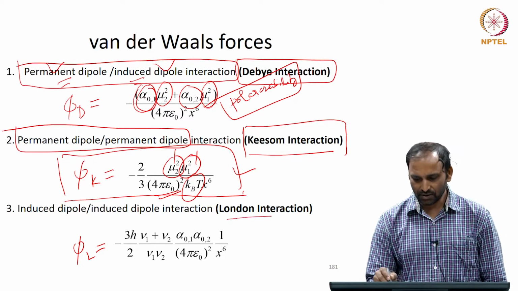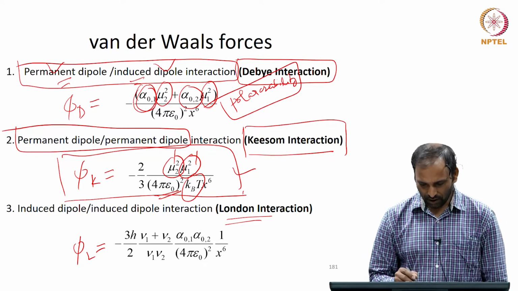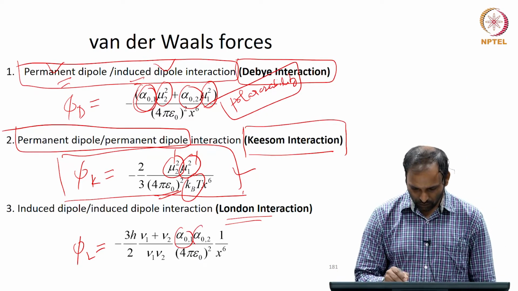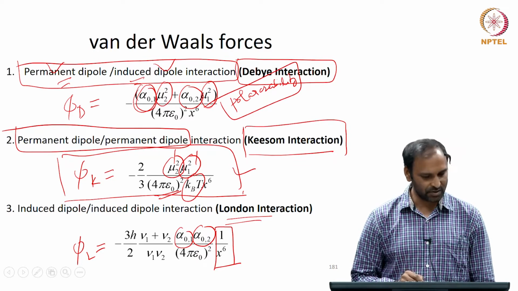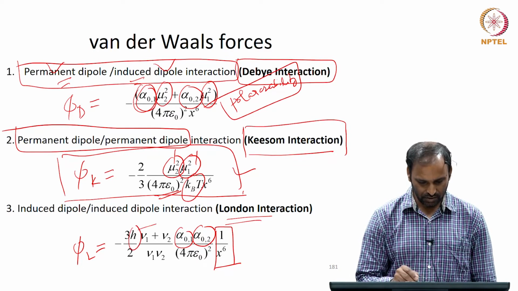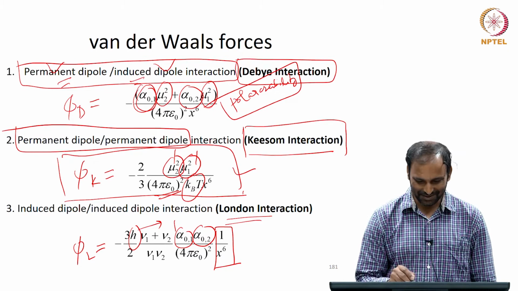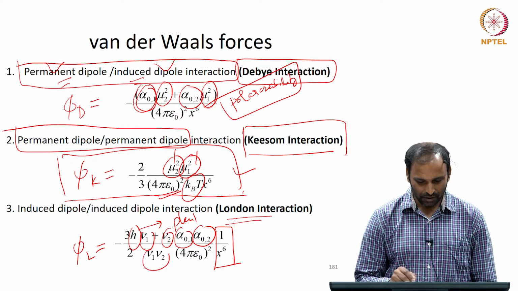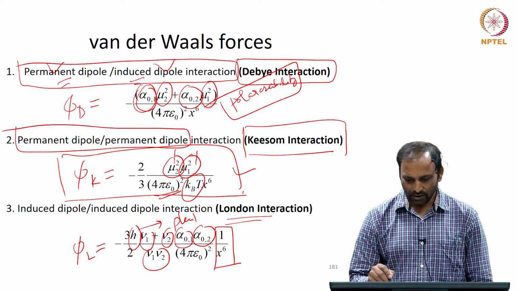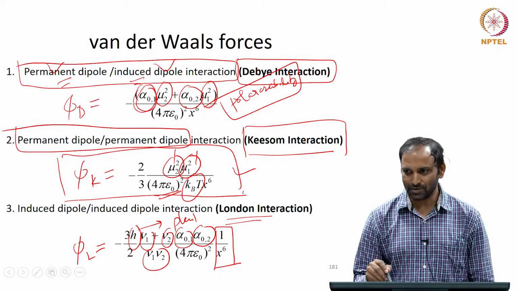And the third contribution is London dispersion forces. So we know what alpha is now. Again, 1 over x power 6 dependence. h is Planck's constant, and nu 1 and nu 2 are the frequencies of vibration of the atoms and the molecules.